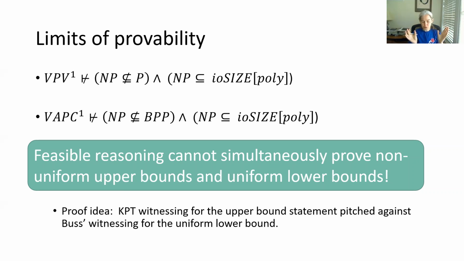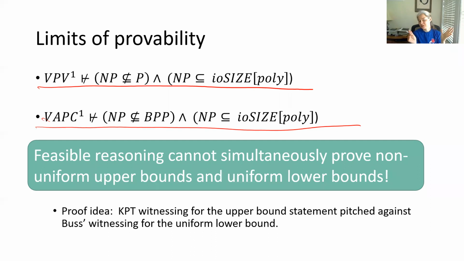Well, that would be pretty hard to prove, in particular because if the reasoning in our brain is anything like reasoning in PV or in APC1, which pretty much can do most of what we could prove, then we cannot do it, because those theories do not prove simultaneously that P is not equal to NP, or NP is not in BPP, and that NP is easy in the non-uniform setting.